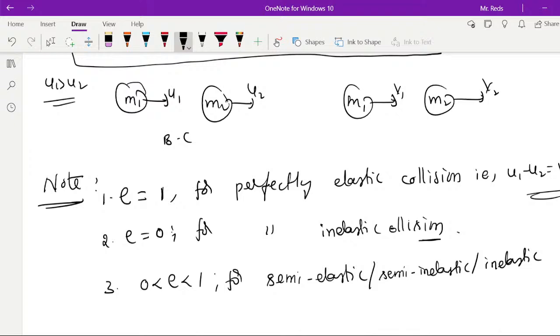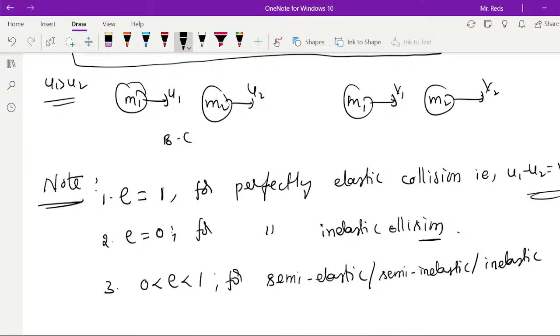You may get direct, concept-based questions based on these points also. For a perfectly elastic collision, the coefficient of restitution is, and the options will be E equal to 0, E equal to 1, 0 less than E less than 1, or E greater than 1.